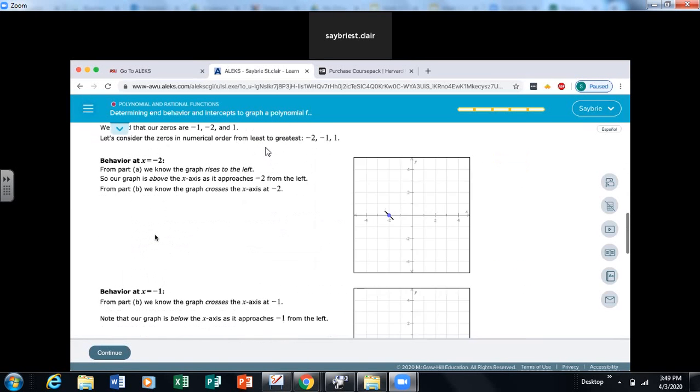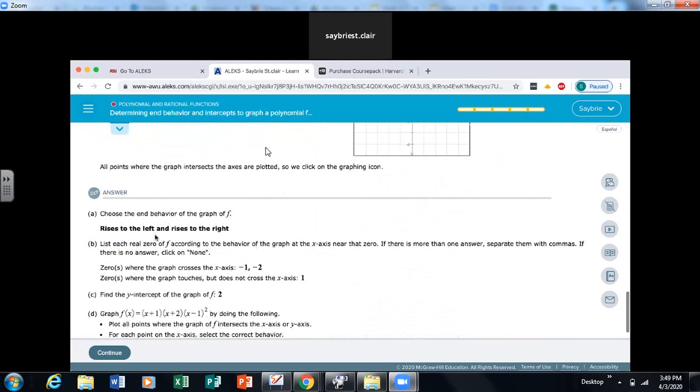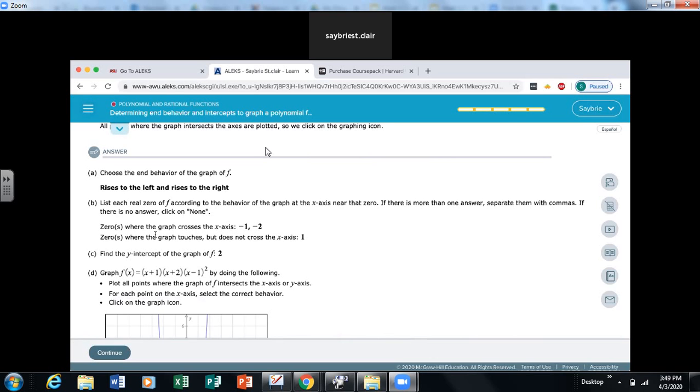So -1, -2. Got the graph. So we missed just the B part, right? Go up to B. What's it say for B? Oh, here it is. So we had -1, -2. So we did have those answers there.